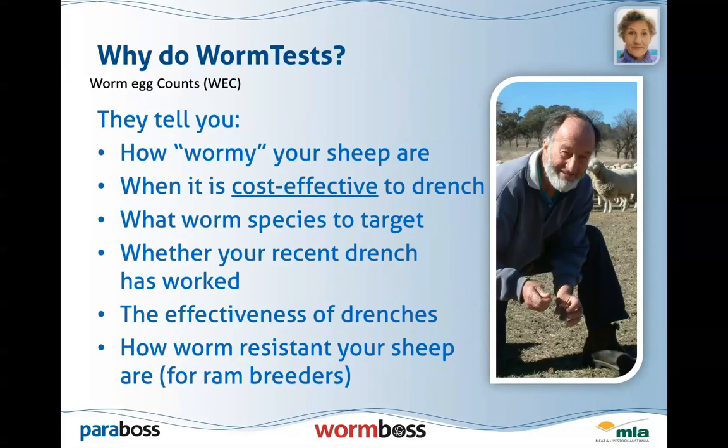If you know the worm type, this sometimes can lead to a different choice of drench or timing of a drench, so it can be quite valuable. Now, you can also use worm testing as part of a drench check or a drench test to determine the effectiveness of drenches. And of course, worm tests can also be used by ram breeders to help identify how resistant a sheep is to worms.